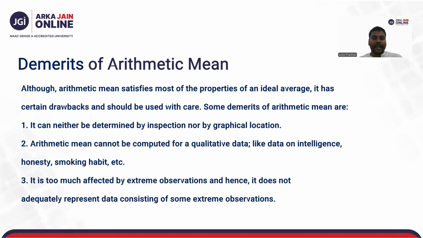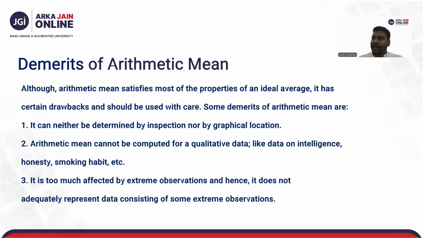Now, what are the possible demerits of arithmetic mean? Although arithmetic mean satisfies most of the properties of an ideal average, it has certain drawbacks and should be used with care. It can be determined neither by inspection nor by graphical location. Unless you find the average, it is very difficult to locate it graphically. Next, arithmetic mean cannot be computed for qualitative data.